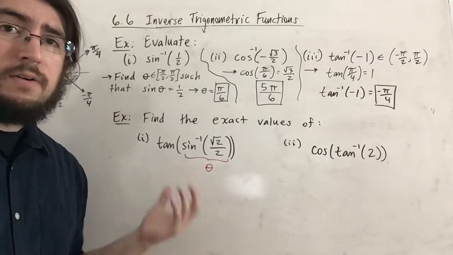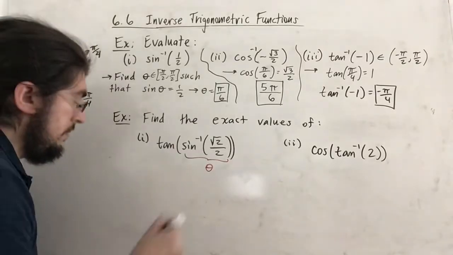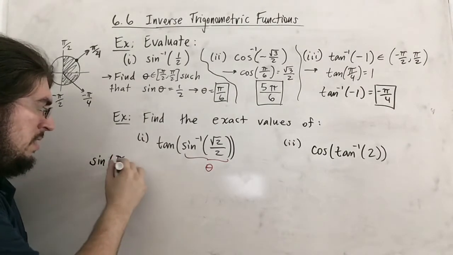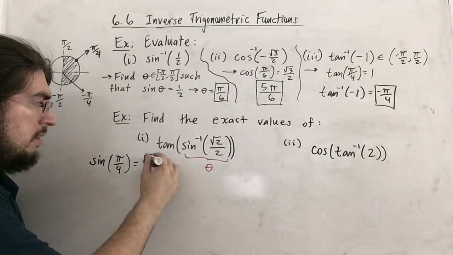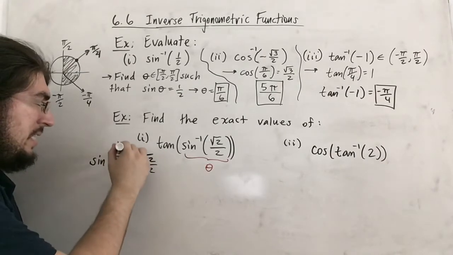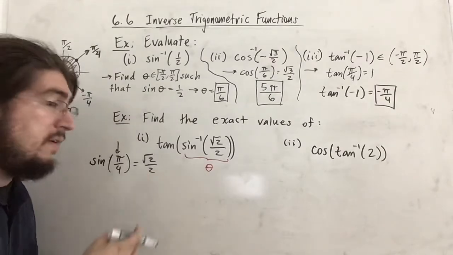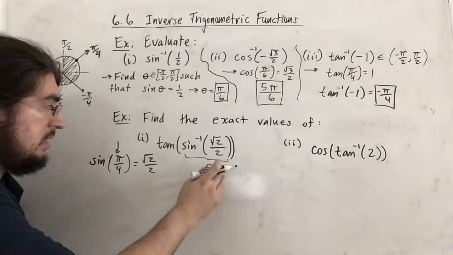If you look back at our tables that we've seen before, recall that sine of pi over 4 is radical 2 over 2. And this is indeed in the interval where sine is 1-to-1, negative pi over 2 to pi over 2. So this is actually pi over 4.